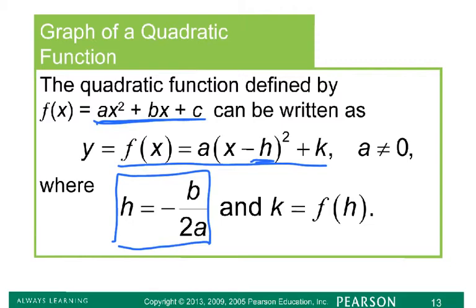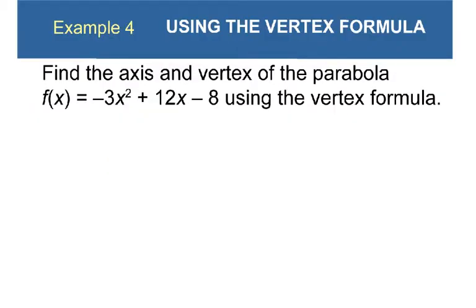So let's do an example of that. So this example is wanting us to find the vertex of the parabola and the axis of symmetry. So first, find the axis of symmetry. Where is that x value? Use that formula that I just told you to look at.